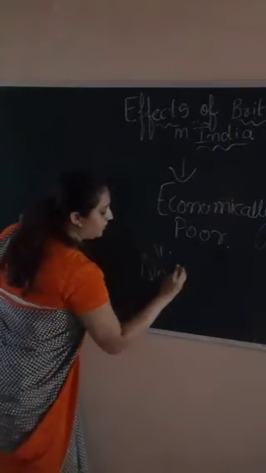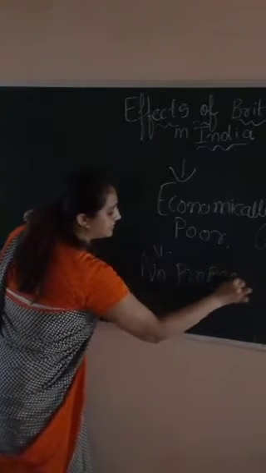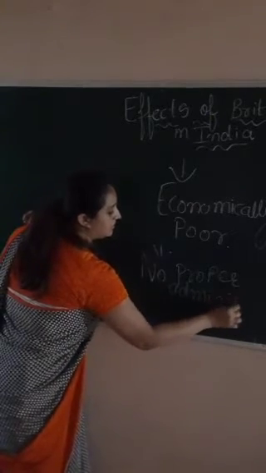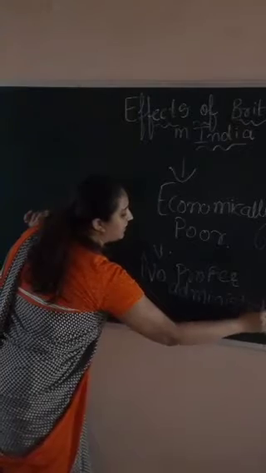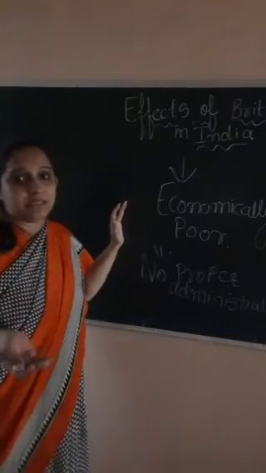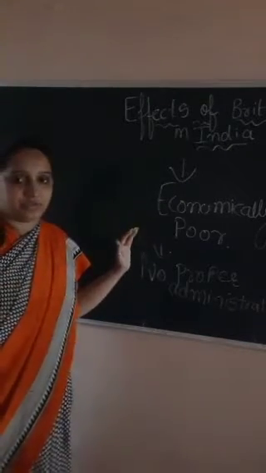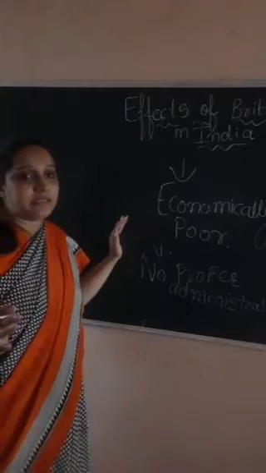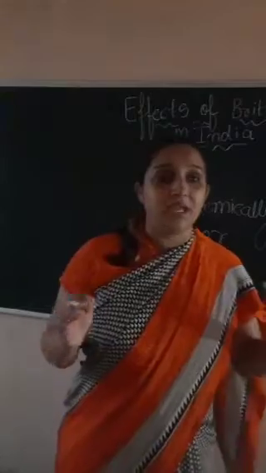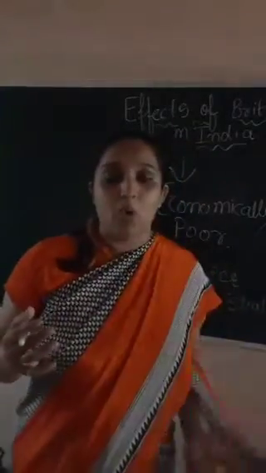So there was no proper administration. Because of different policies, the army representatives and the governor representatives were all Britishers, and that is why the condition became adverse. The condition became bad.